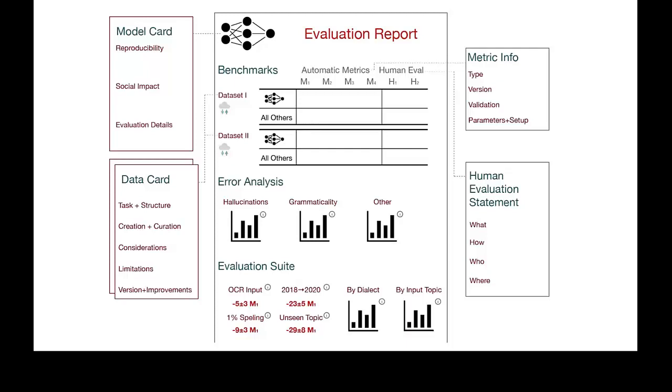You have multiple datasets to be evaluated on. You have automatic or manual error analyses. And you have these evaluation suites where you can get breakdowns by dialect or by different types of inputs, which will make for a much more informative evaluation of your systems rather than just creating a single table where your model is on top with the highest shown performance.